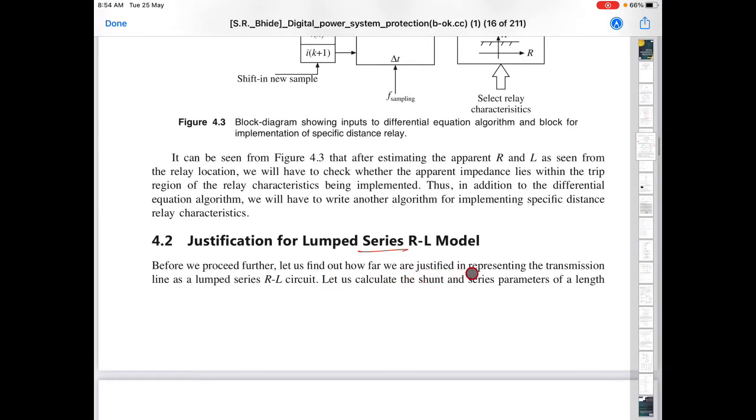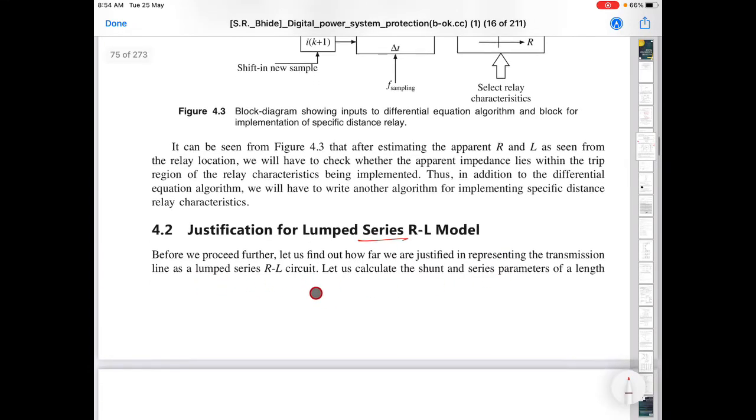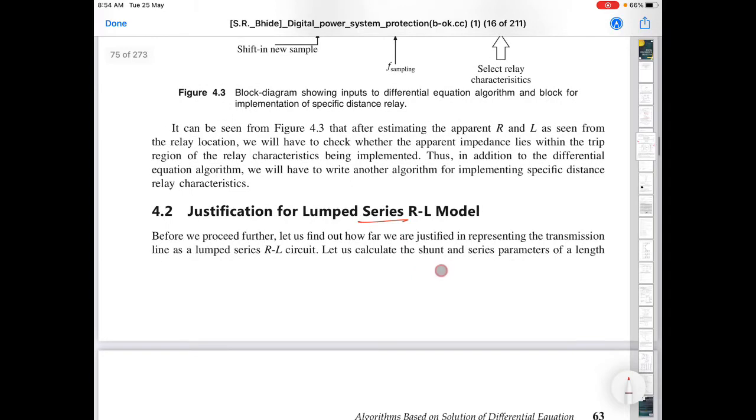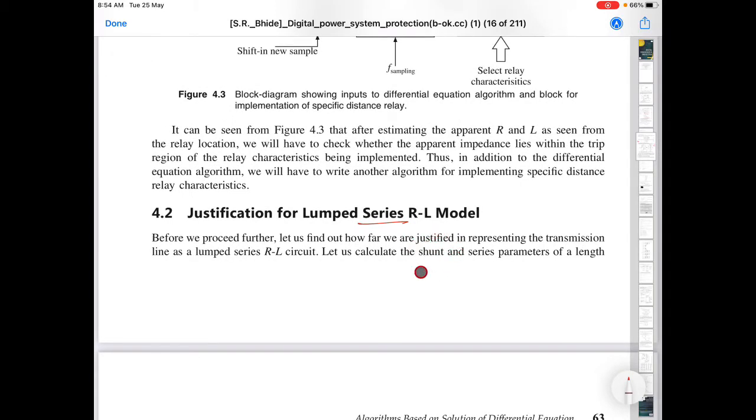We'll try to see how far we are justified in representing the transmission line as a lumped series RL circuit. For that we'll consider shunt elements along with series, and see whether it makes any difference. We'll calculate only series, then calculate with shunt, that is combined shunt and series. Then we'll compare only series with combined shunt and series.